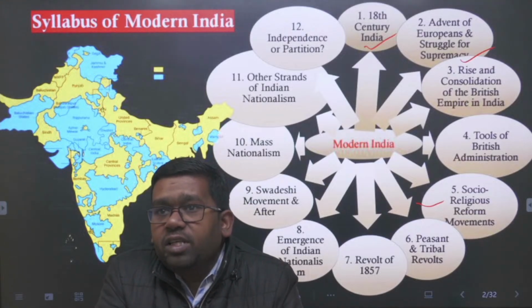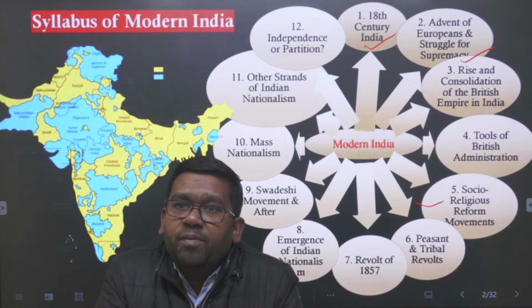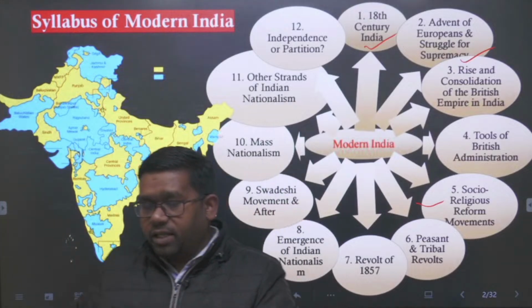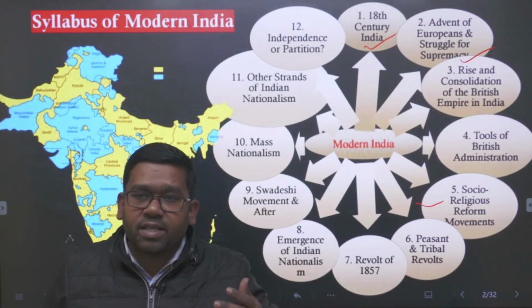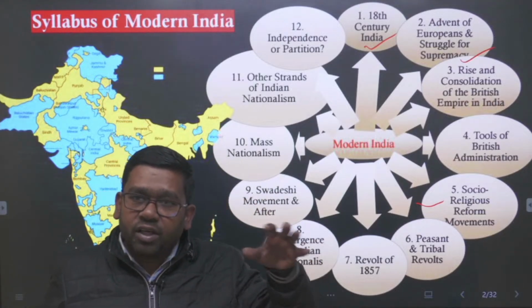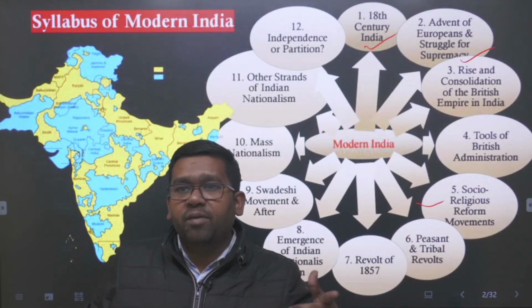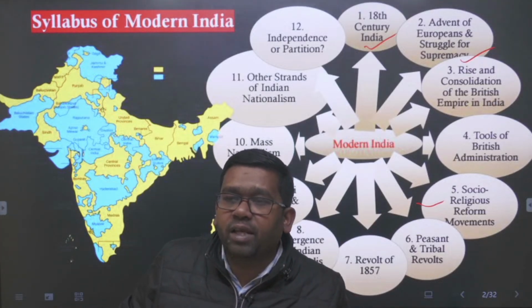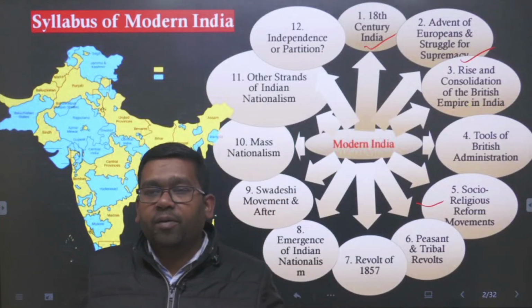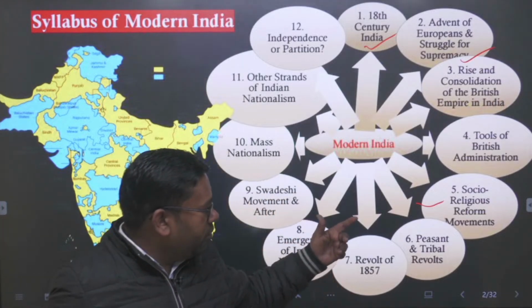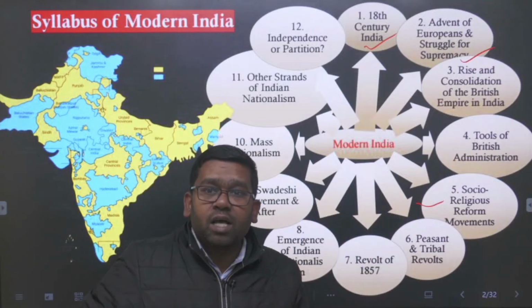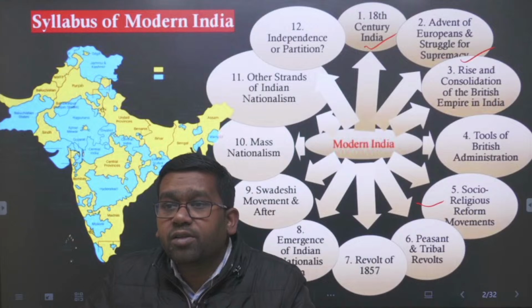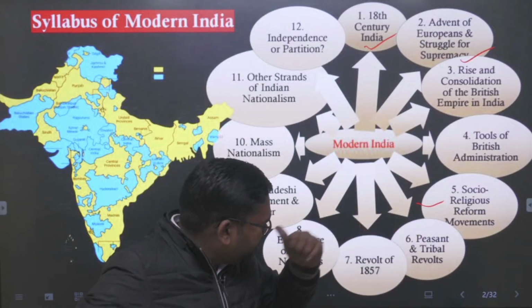We will start with the Brahmo Samaj started by Raja Ram Mohan Roy, then the Prarthana Samaj, Arya Samaj and Satya Shodhak Samaj in the case of the Hindu religion. Then in case of Muslims, we have the Wahhabi movement, the Aligarh movement and the Deobandi movement. And in case of Sikhism, we have the Singh Sabha movement and the Akali Dal movement. These are the different topics that we will understand through this chapter.